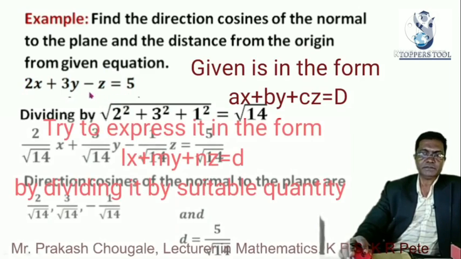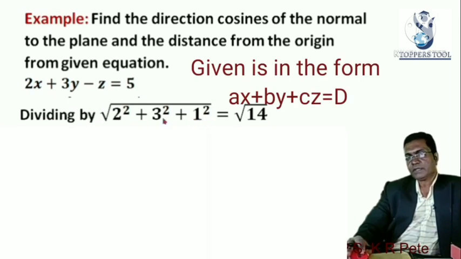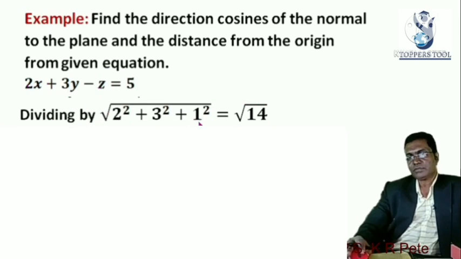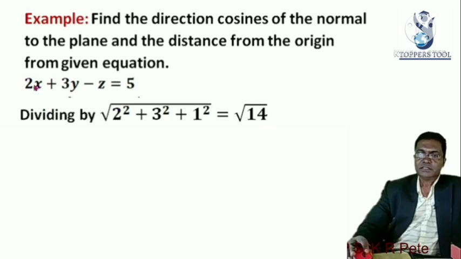So this is your Cartesian equation. Divide throughout by the square root of 2 square plus 3 square plus 1 square, that is root 14. We have to make it in the form of Lx plus My plus Nz. Once you see that it is in the form Lx plus My plus Nz is equal to something, then that something is D. That is why you divide by this quantity.